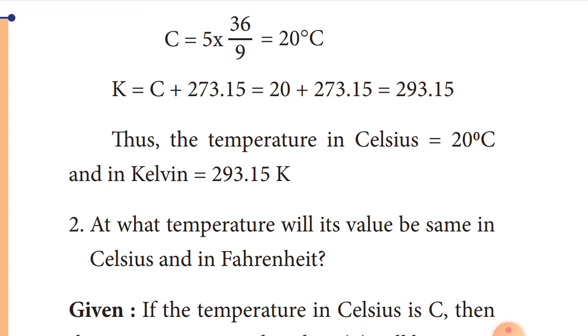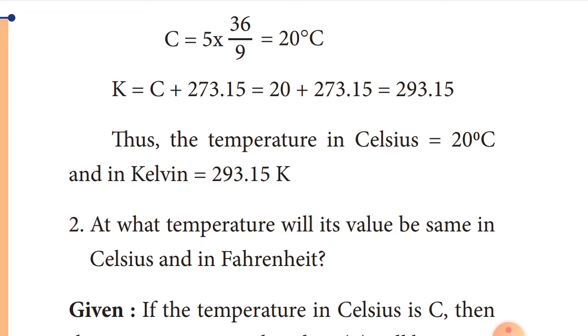Write the Kelvin scale formula: K is equal to C plus 273.15. Substitute the C value, 20, plus 273.15. We add 273 plus 20, how much? 293. Plus 0.15. This is your final answer for the Kelvin scale.